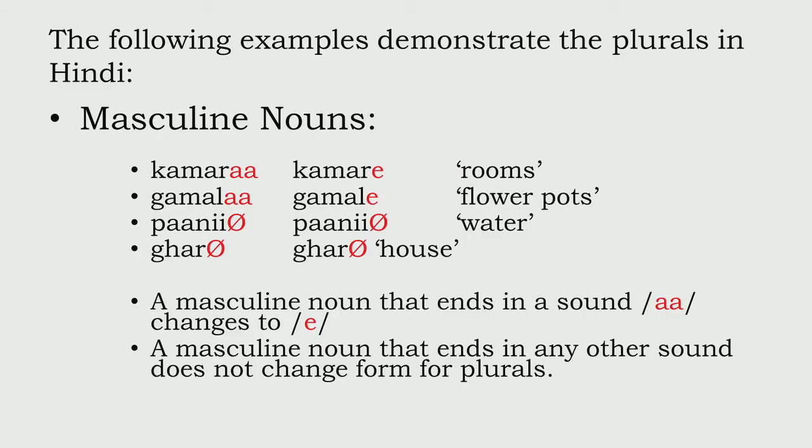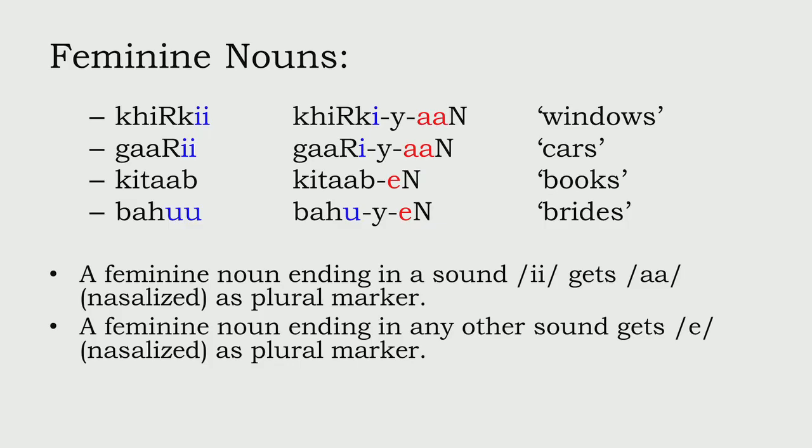So mala becomes malaein, a being nasalized as the plural marker, and ma becomes maein, and they work perfectly fine. At the same time, you have seen before that a masculine noun which ends with long e, pani, does not change because it is a masculine noun. It is not like a feminine noun khirki, otherwise it would have a different set of rules applying to it.